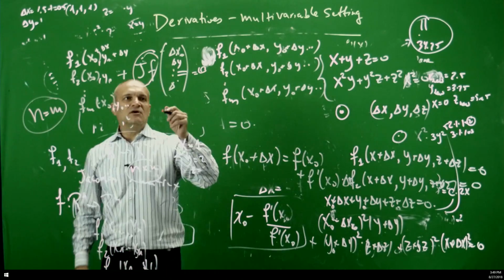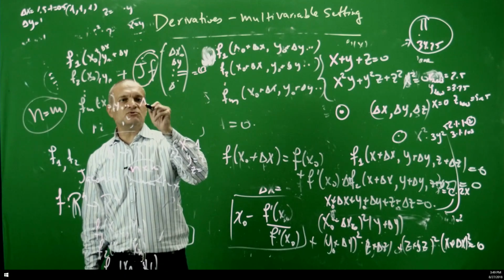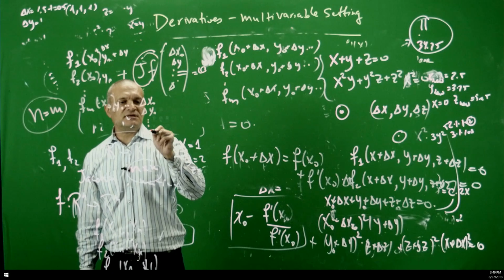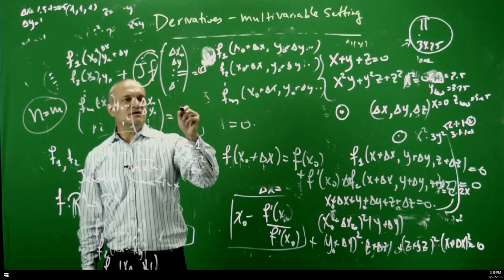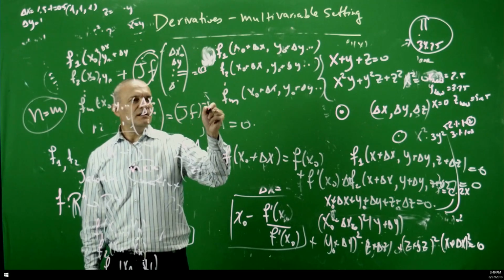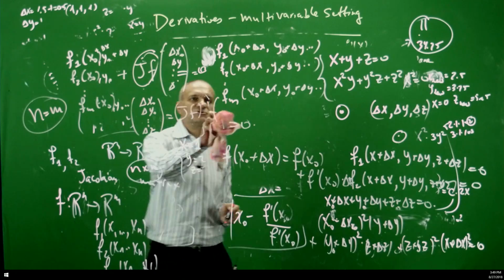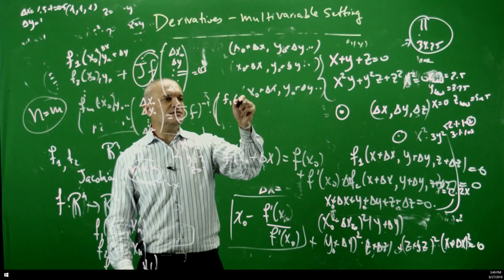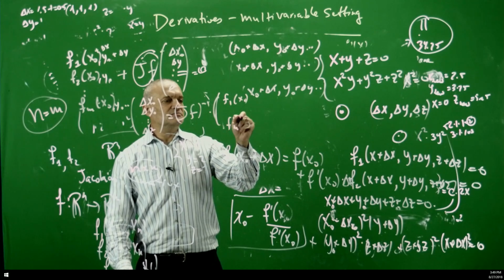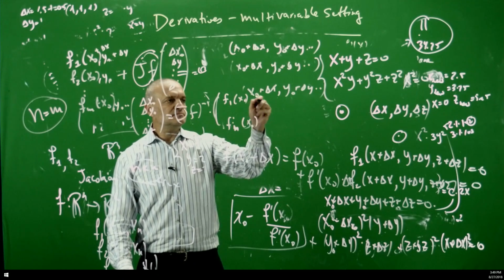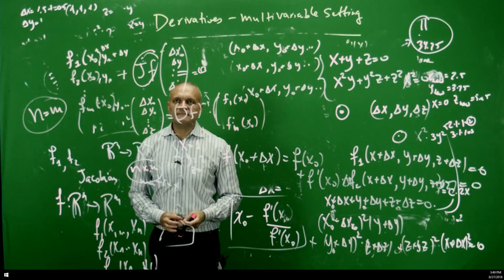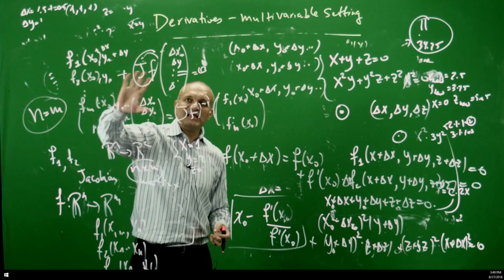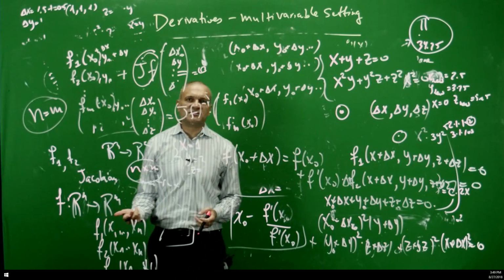Then you get delta x, delta y, and so on, equals the inverse of your Jacobian times the vector that you started with, f1 of x0 up to fn of x0. Now you take these x0s and add this, and this will be your new approximation.